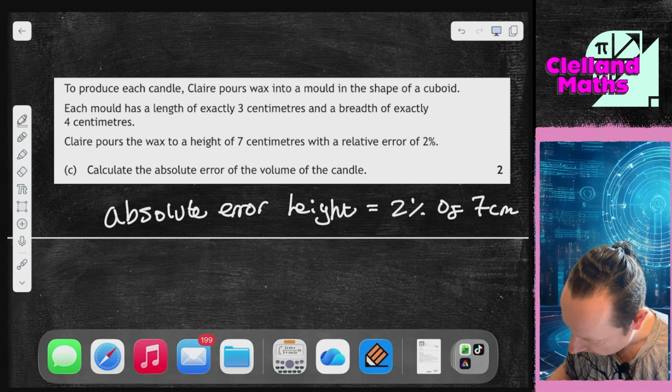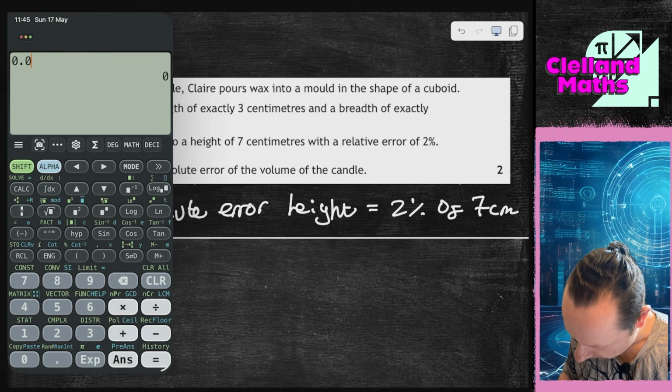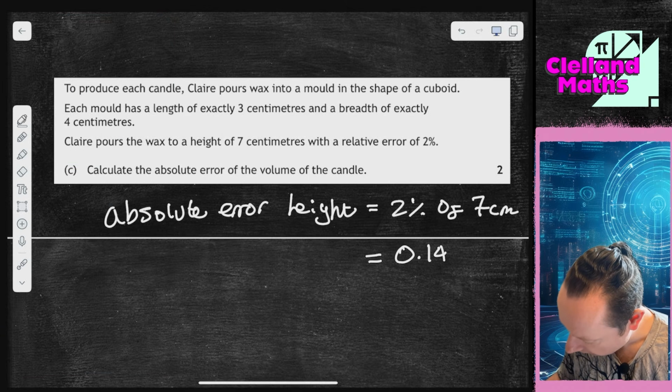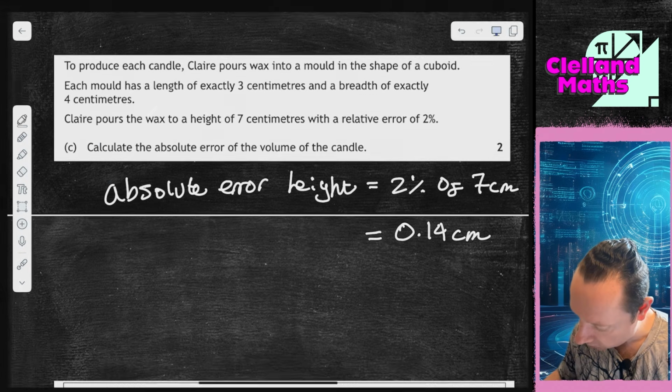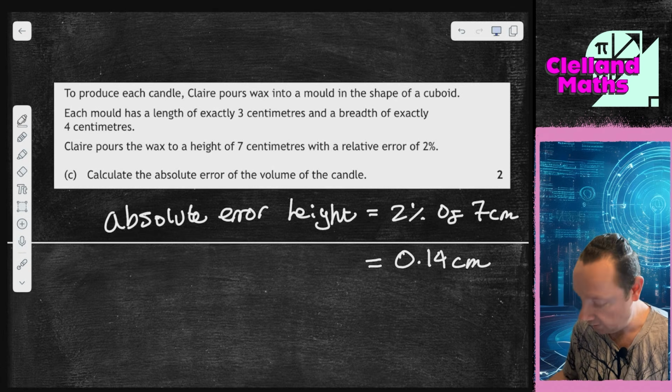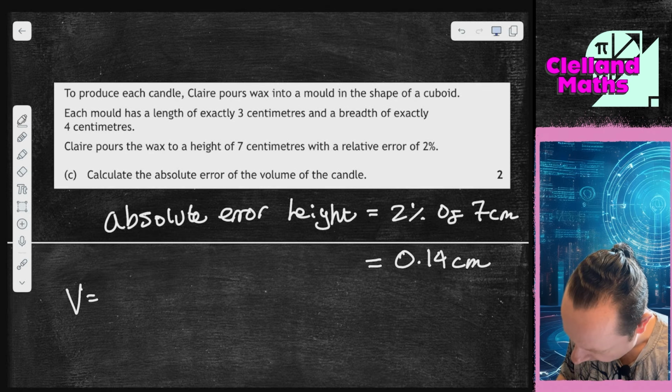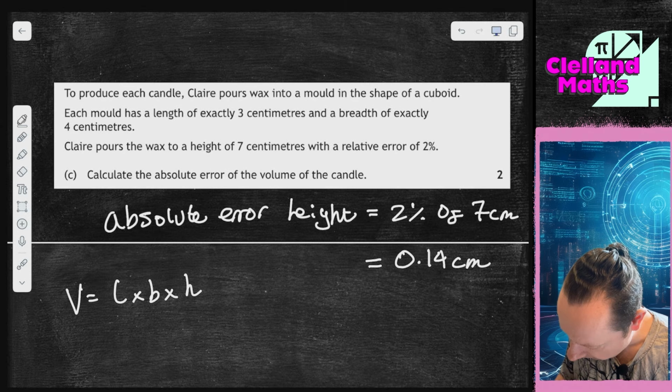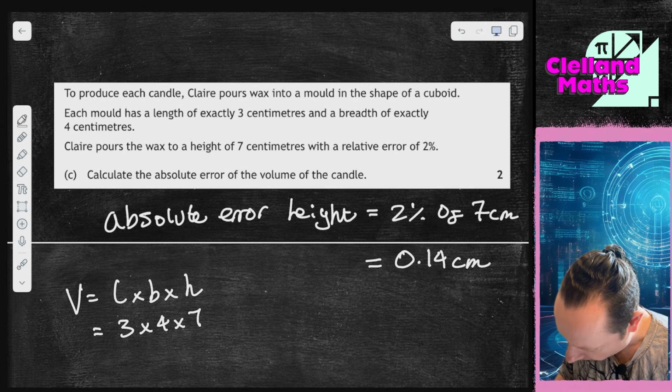Well, 2% is 0.14 centimetres. Now there's one, you could be tricky here and say that since height is proportional to volume, you're done and it's 0.14, but I'll probably show you the way you would do it. So volume equals length times breadth times height. 3 times 4 times 7 is the exact volume.